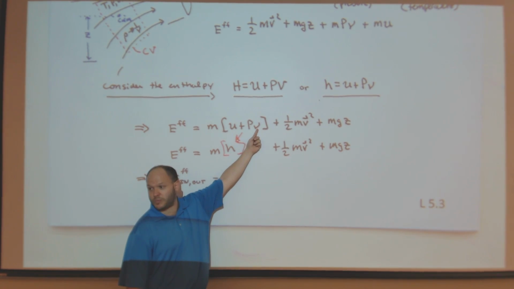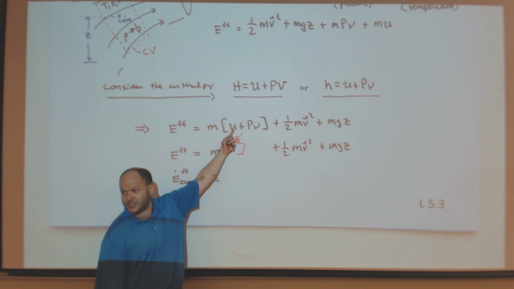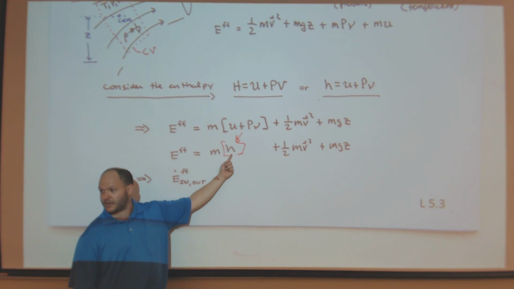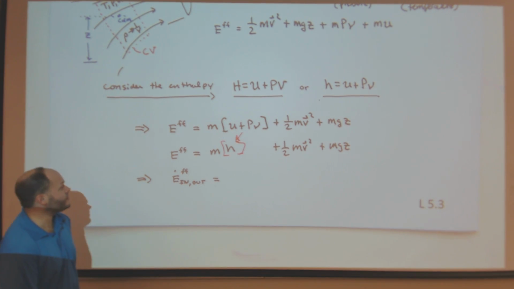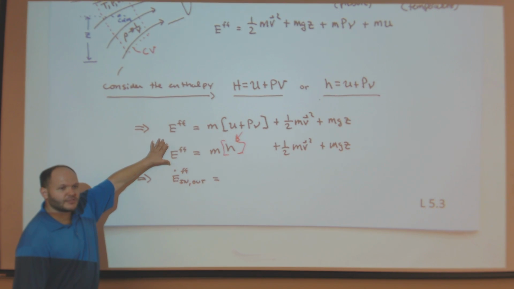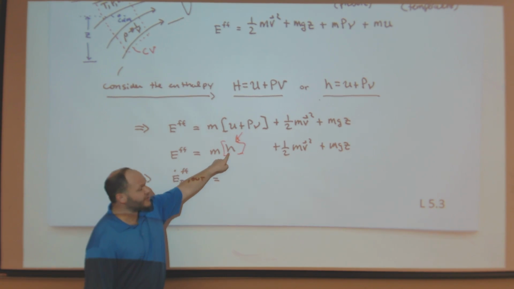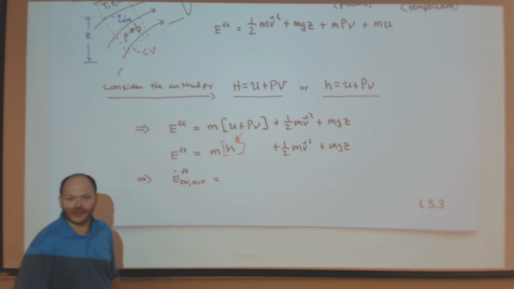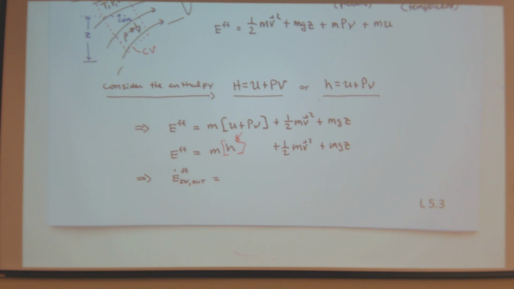So now I don't need to populate my expression with this as a function of temperature and pressure, and this as a function of temperature and pressure. Now I just populate my expression with this as a function of temperature and pressure. So a lot of times with flowing fluid problems, open systems, it's convenient to express it in terms of the enthalpy. And just from writing it out, you can see that.